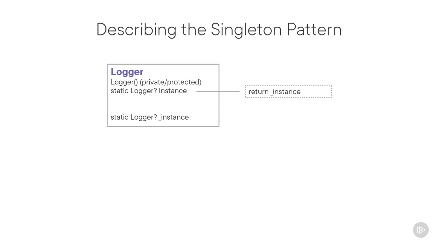This property is static, which ensures that when multiple instances of the logger class exist, there still will be only one instance of the instance property. When the property getter is accessed the first time, the instance gets created and stored. When it's accessed after that, the previously created instance is returned, thus ensuring that only one instance exists at any given time.